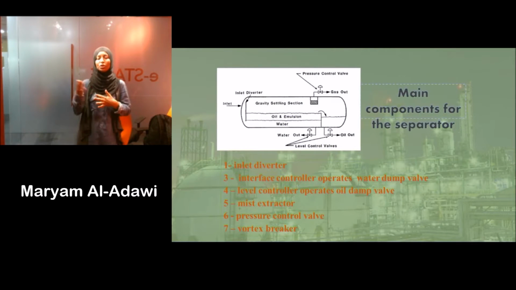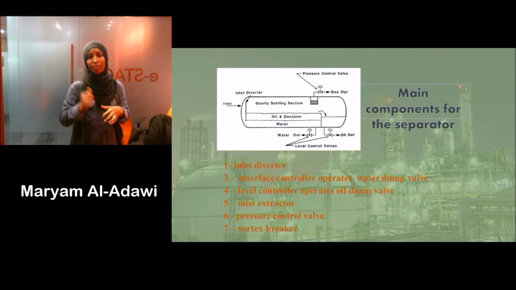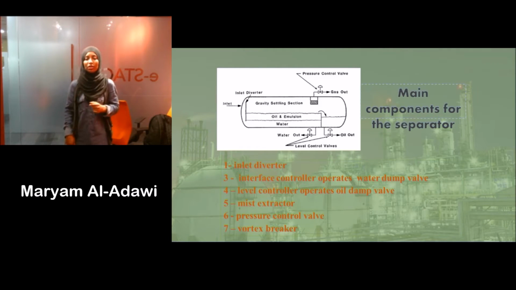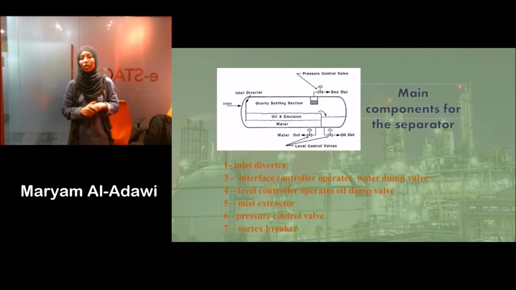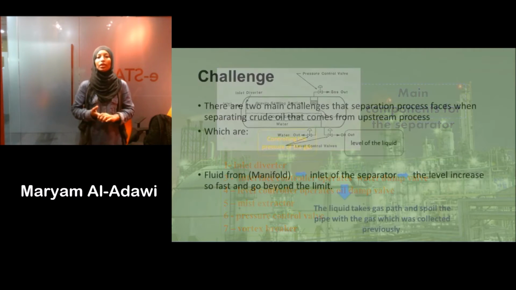Three-phase separators mean oil, liquid, and water. And as can be seen in this picture, in the controlling process, they are concerned about the level control valves for the oil and water, and also the gas control valves.